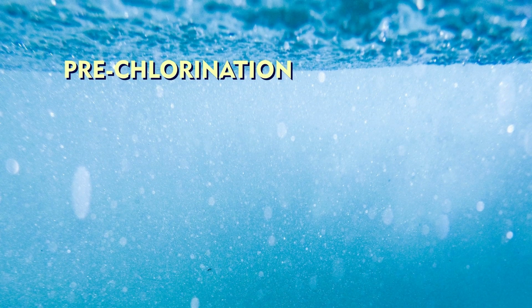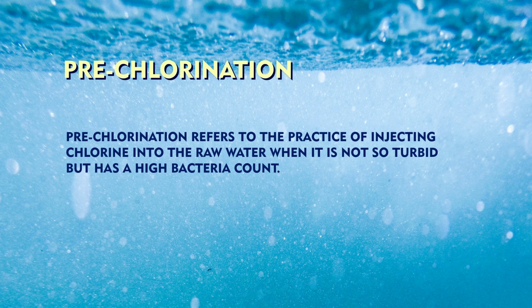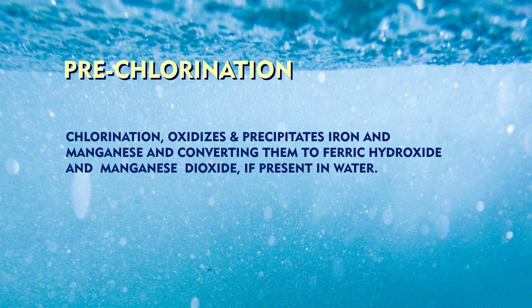Pre-chlorination. Pre-chlorination refers to the practice of injecting chlorine into the raw water when it is not so turbid but has a high bacteria count. Chlorination oxidizes and precipitates iron and manganese, converting them to ferric hydroxide and manganese dioxide if they are present in the water.